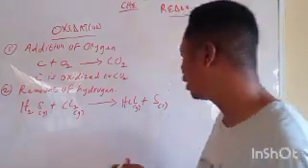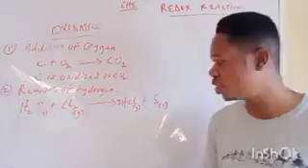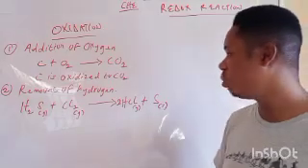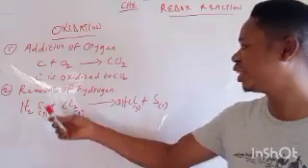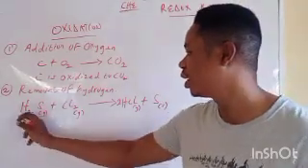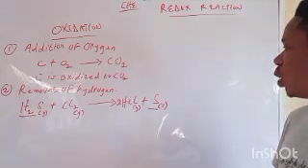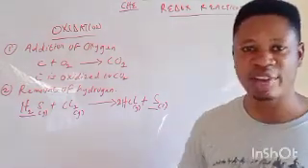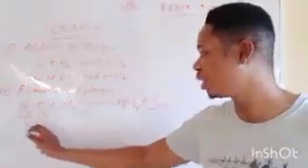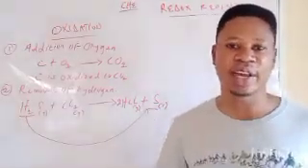Now, look at this equation. In this equation, can you tell me which compound or which element loses hydrogen? Obviously, hydrogen sulfide here, as you can see, loses hydrogen to turn to sulfur. So the transformation of hydrogen sulfide from the reactant side to the product side involves the loss of hydrogen.